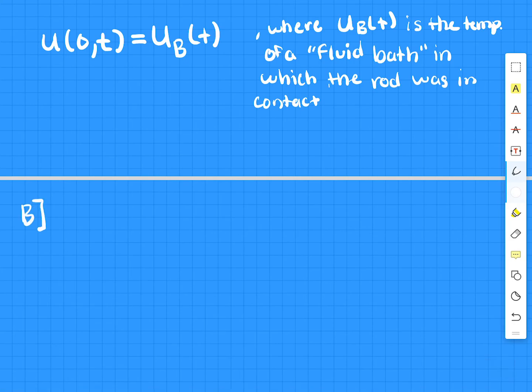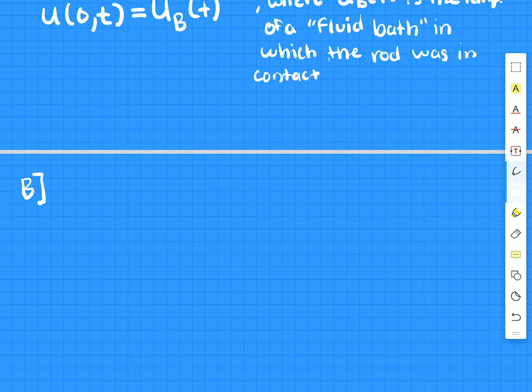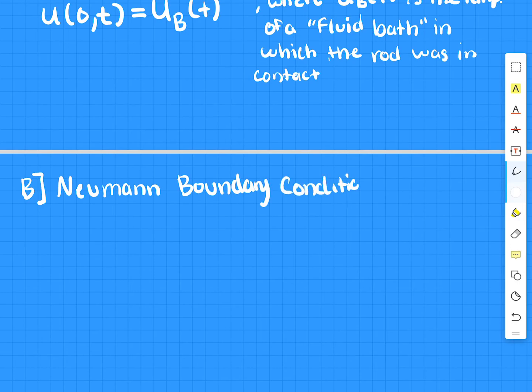The next boundary condition is that here we prescribe the heat flow. So what do we mean by this? Let's just write this down first. Okay, Neumann boundary condition.